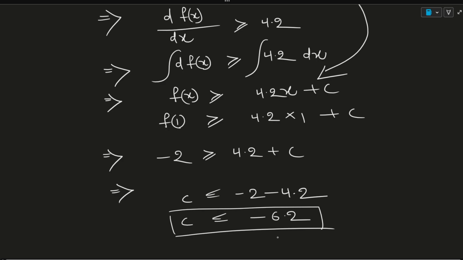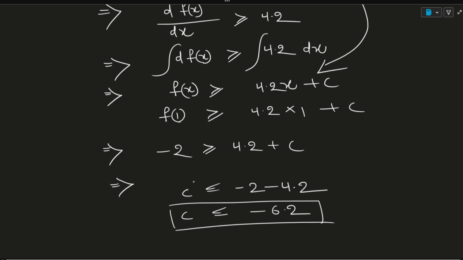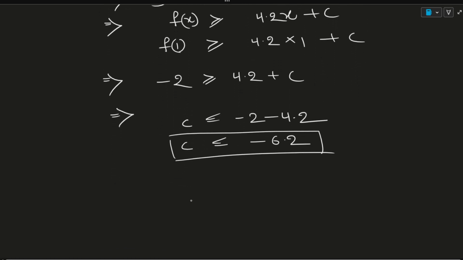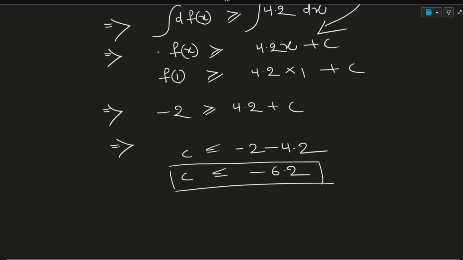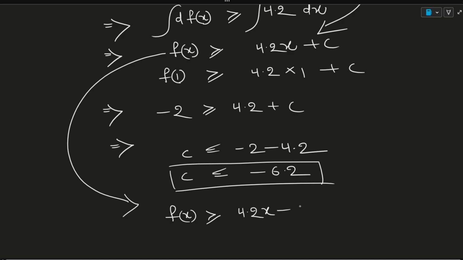Now the inequation was, from here I can conclude that f of x should be greater than or equal to 4.2x minus 6.2. Then the question was what will be the value of f of 6.